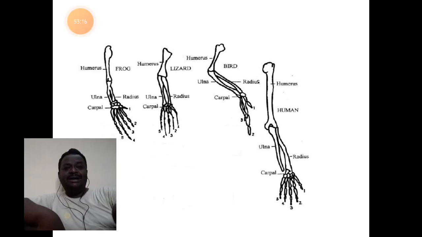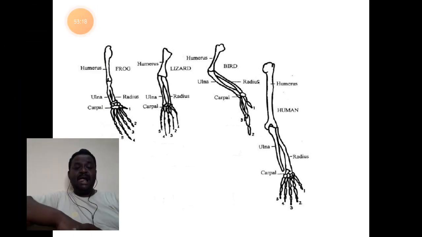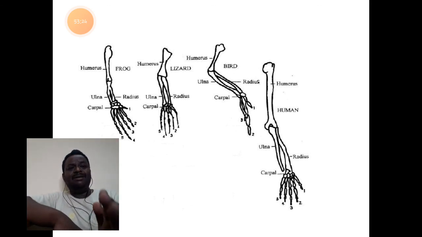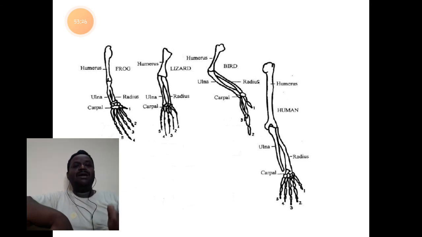So, this is the diagram which represents anatomically the tetrapods of the class Amphibia, representative is frog, Reptilia, representative is lizard, Aves, representative is Columba or pigeon, and Mammalia is human.